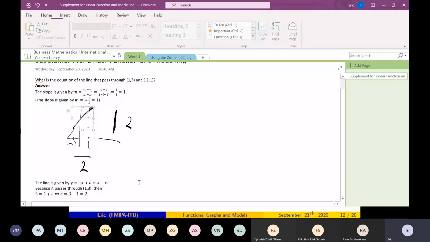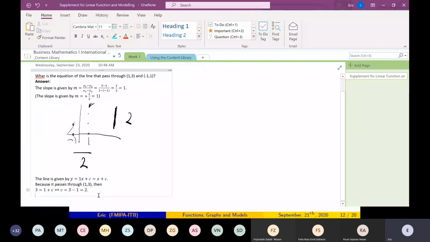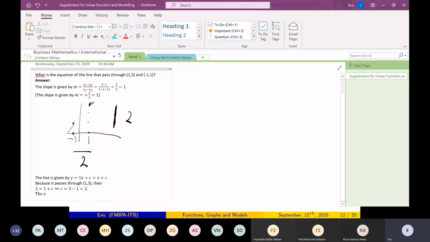So the equation of the line is y equals x plus 2. Do you have any question here?